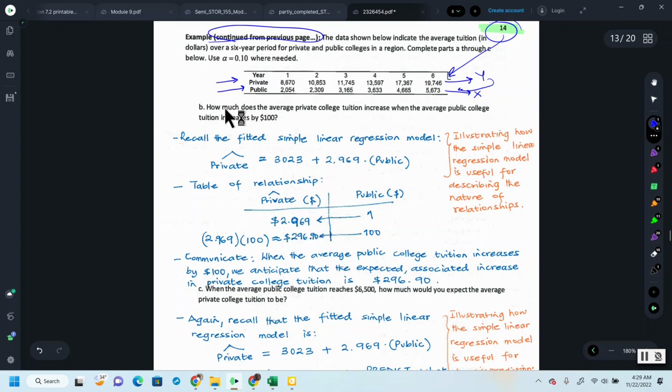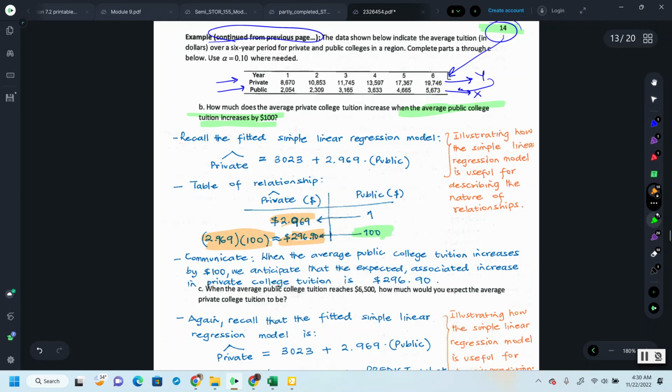So back to this question. What happens then when, in particular, the average public college tuition increases by $100? Well, that will simply mean that 2.969 will increase by a multiplying factor of $100. So that'll be approximately $296.90.